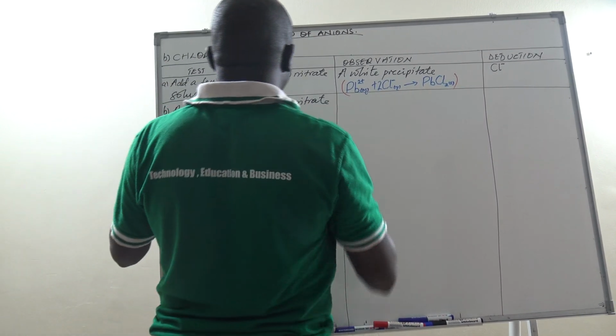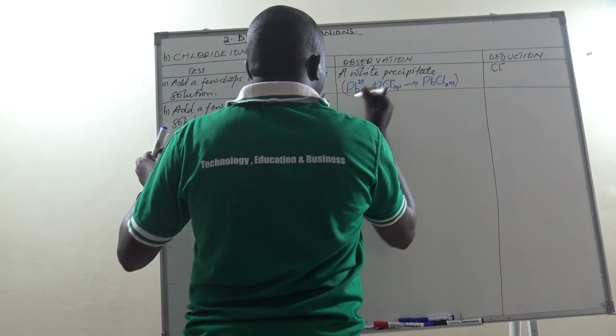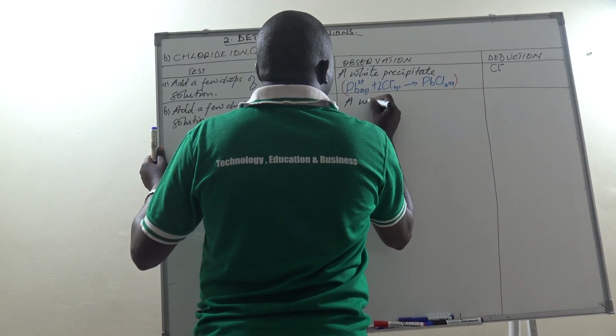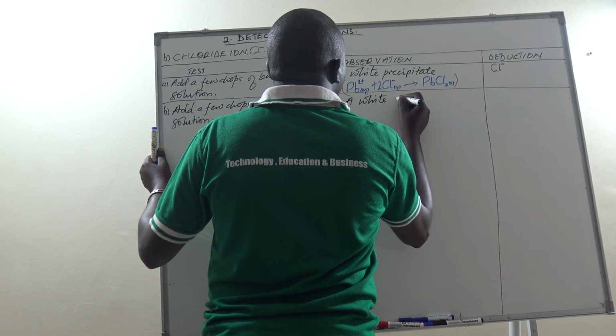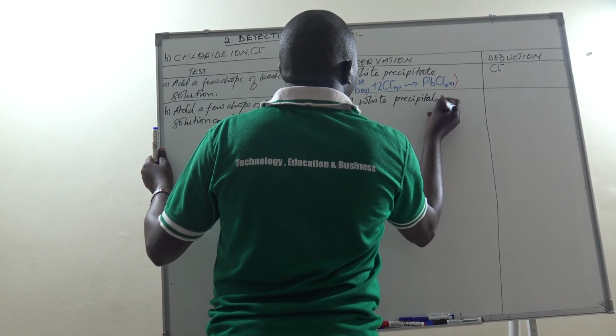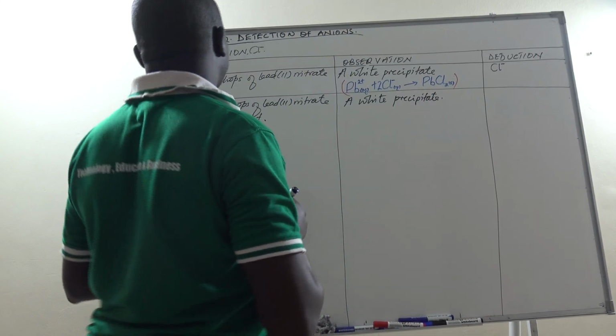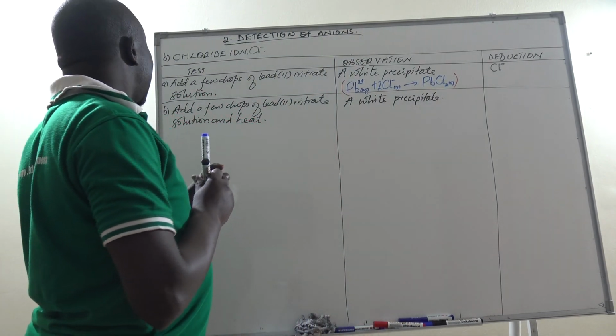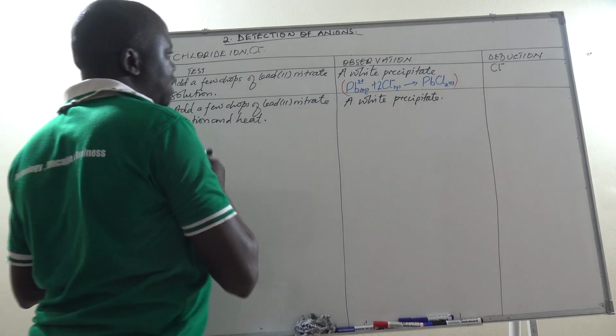So when we add a few drops of lead 2 nitrate solution, just like we did here, we are going to get a white precipitate. Then the instruction further says that you need to heat the mixture.